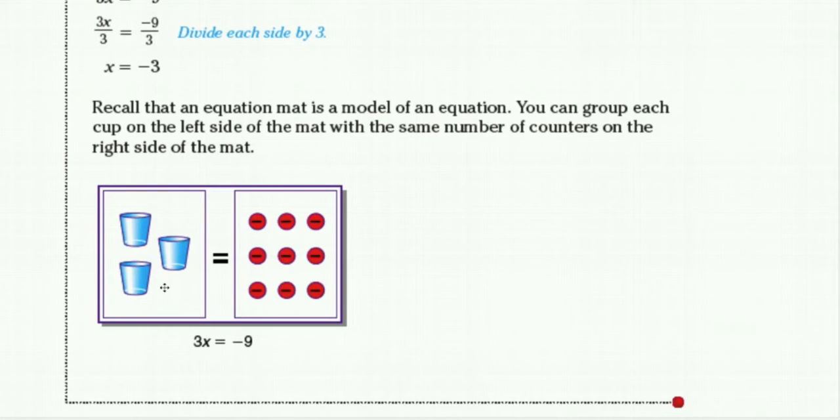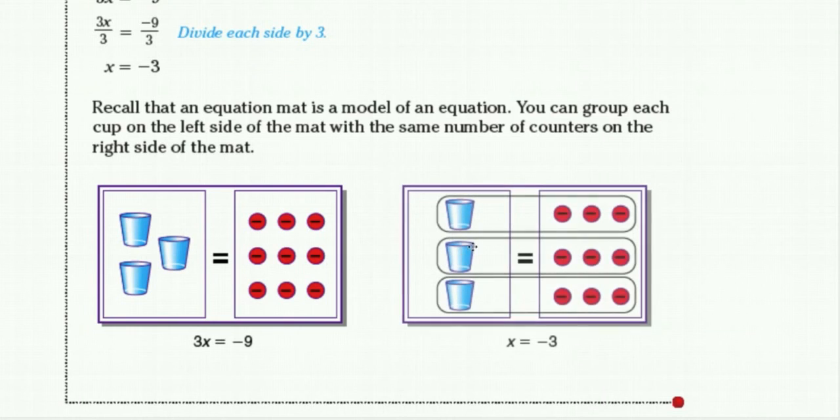So the cups represent a value, and there's 3 of them, and you have negative 9 here. Okay, and if we divide both sides by 3, something like this, you'll find out that each cup is equal to negative 3. See? So using counters, you can also conclude that x equals negative 3.